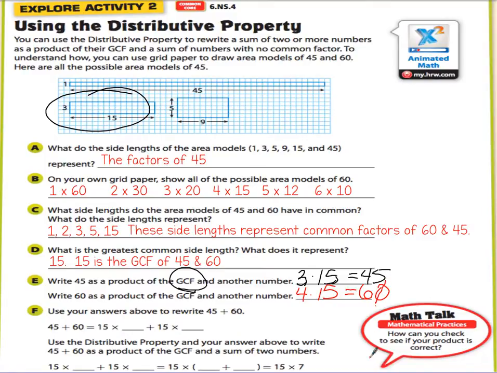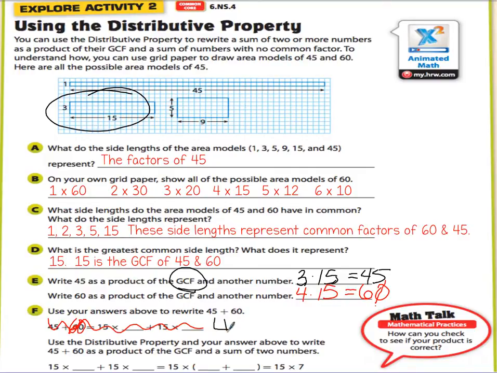Okay, so now what we're saying is that if we took 45 plus 60, and I'm actually going to write mine in colors, so fill this out the way that you would, but I'm going to fill mine out in colors so you can kind of see what we're doing here.